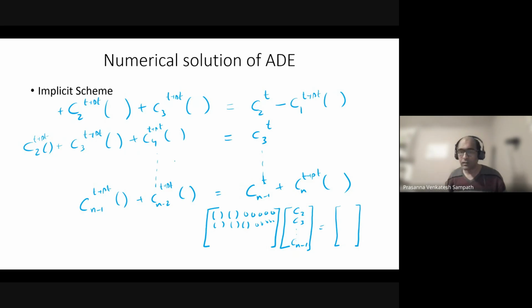In the third row, I will have the coefficients for C3, C4, and C5, and everything else will be 0. So these are the diagonal terms, and there will be what's called a tri-diagonal matrix. Tri-diagonal matrix.